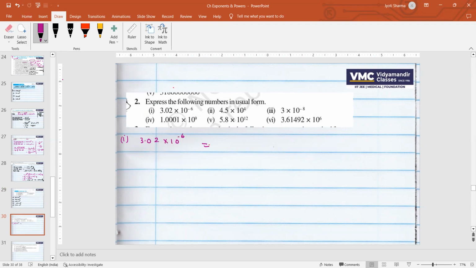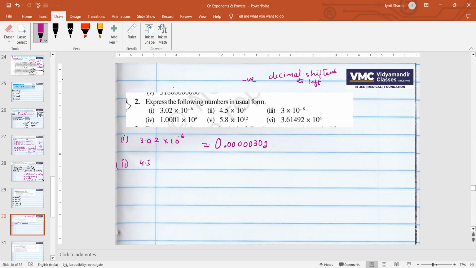Decimal will shift to the left when there is a negative. Shifted to left. Otherwise on the right. So it will become 203 and 6 places. So 3 is 1, 2, 3, 4, 5, 6. So decimal will come here and you will be writing. Nothing is there, so there is 0.